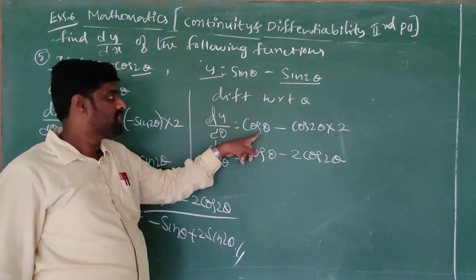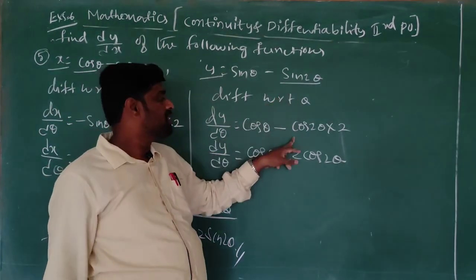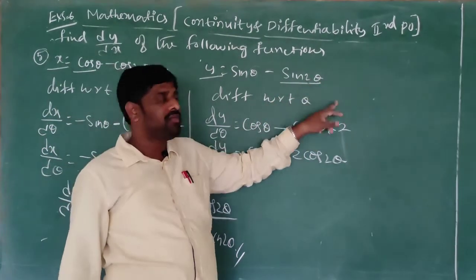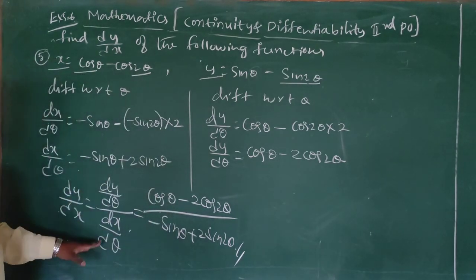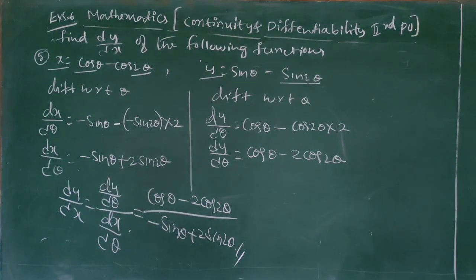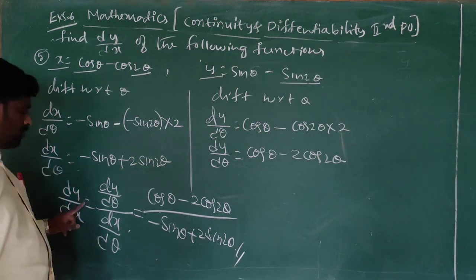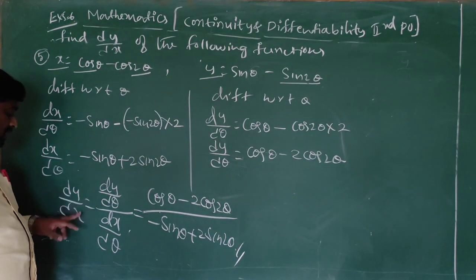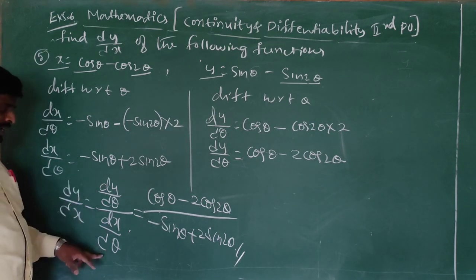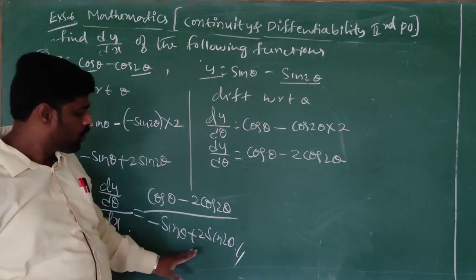Sin theta differentiation is cos theta, sin 2 theta differentiation is cos 2 theta, and 2 theta differentiation is 2. And again substitute dy by d theta and dx by d theta. So dy by dx is dy by d theta divided by dx by d theta. This is the answer. You have to keep it as it is.